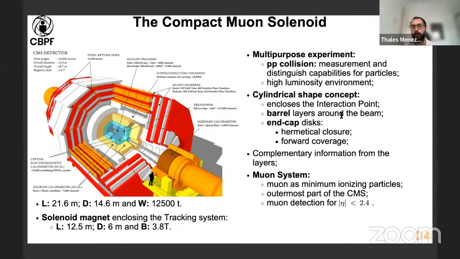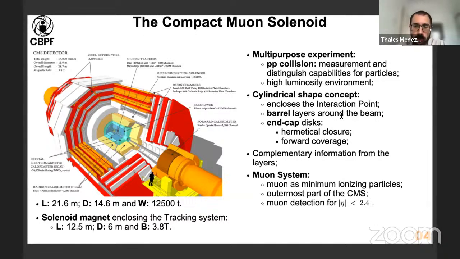It was built with what we call the cylindrical shape concept to enclose the interaction point with barrel layers around the beam pipe. In order to provide the hermetic closure of this barrel, and also add forward coverage for some of the studies, two endcap discs were placed on each side of the barrel.